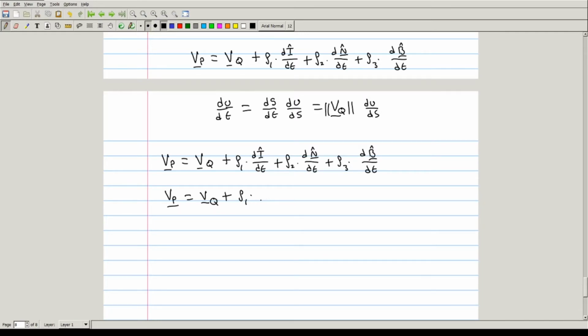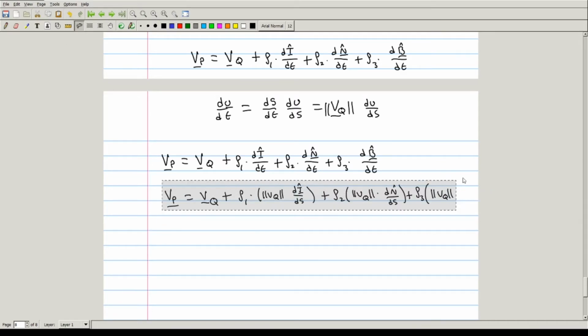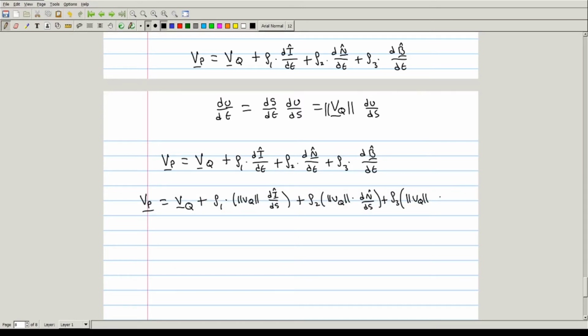This is going to be the magnitude of the velocity of the point Q, this is ds/dt, times dt hat/ds, plus rho 2 times the velocity of the point Q, because this is ds/dt, times dn hat/ds, plus rho 3 times the velocity of the point Q in magnitude, times db hat/ds.